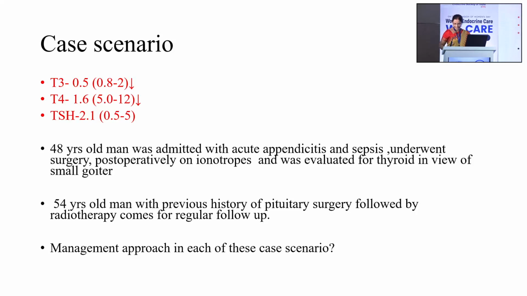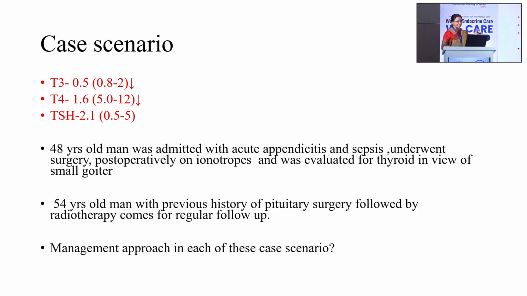That's why, in interpretation, the one important thing is the clinical context for which the thyroid functions were done. If we know that, we can analyze the TFTs appropriately and manage appropriately. In the first scenario, it's a non-thyroidal illness, where treatment is not required.